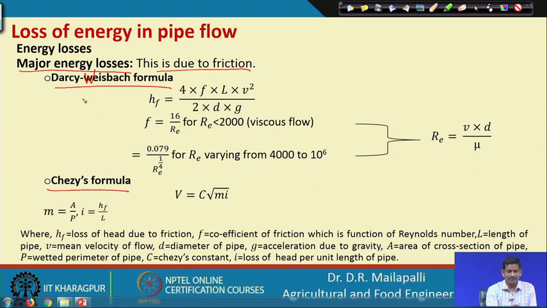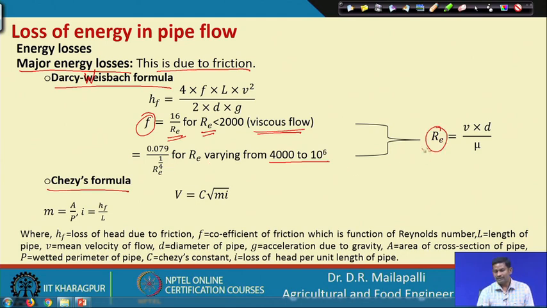Head loss according to the Darcy-Weisbach formula is 4fLV squared by 2gD, where f is the coefficient of friction, that is 16 by Re, where Re is the Reynolds number, which is less than 2000. So f is equal to 16 by Re. Mostly this is a viscous flow, whereas if Re is more than 2000, from 4000 to 10 power 6, f is 0.079 by Re power 1 by 4.